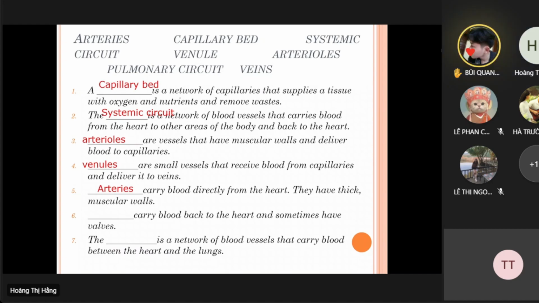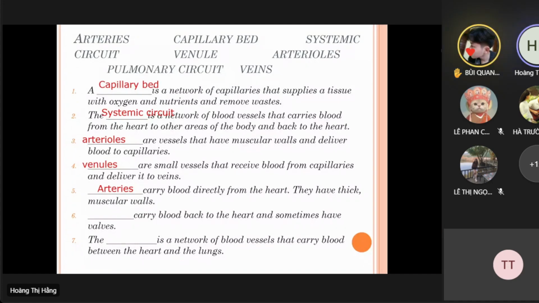Capillaries. No. The biggest arteries. The biggest. Yeah. The name of the biggest artery. Aorta. Aorta, động mạch chủ. Yes.